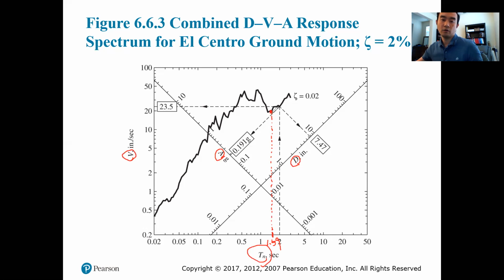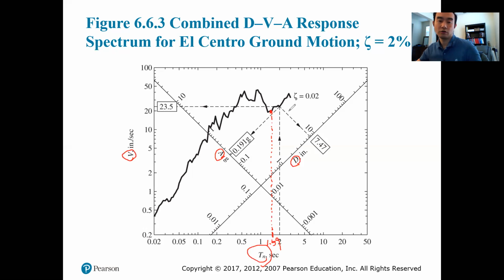From there, when you go this way, it's going to be the value in terms of the deformation. When you read the value this way, it's going to be the spectral acceleration. And when you go exactly perpendicular to the y-axis, it is going to be the corresponding spectral velocity value.